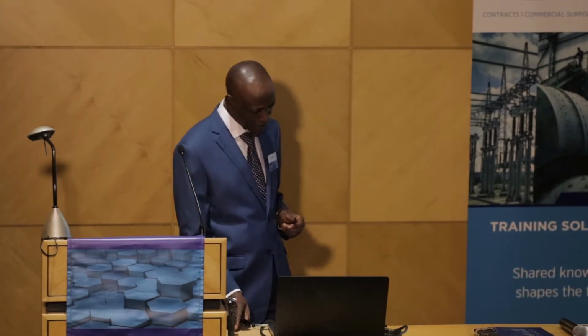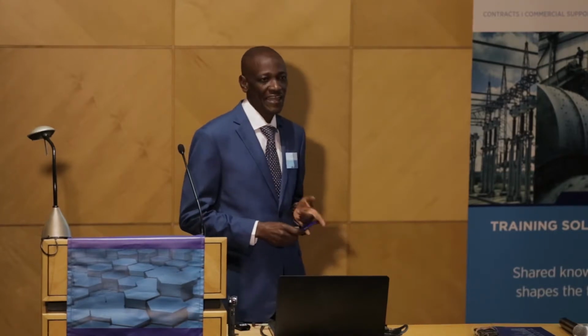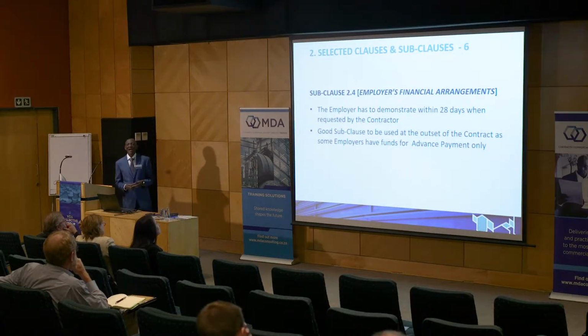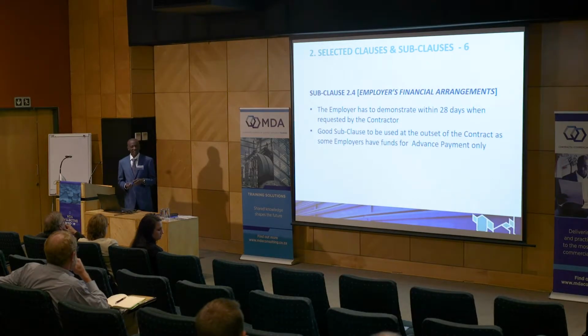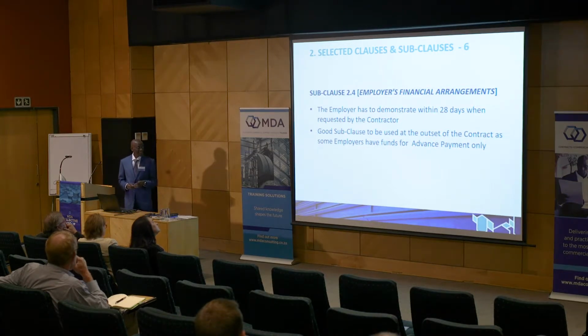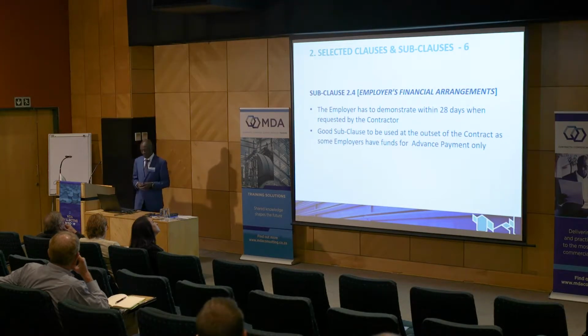Another subclause which I've selected is subclause number 2.4, which deals with the employer's financial arrangements. The employer, under this subclause, if requested by the contractor, is supposed within 28 days to demonstrate his financial capability or financial arrangement.